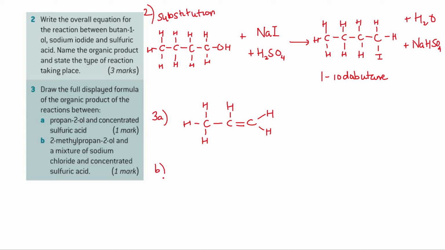For B, we're reacting 2-methylpropan-2-ol with a mixture of sodium chloride and concentrated sulfuric acid. This is a substitution reaction again, like the one we did at the top. So this is 2-methylpropan-2-ol, so there's a methyl group coming off there.